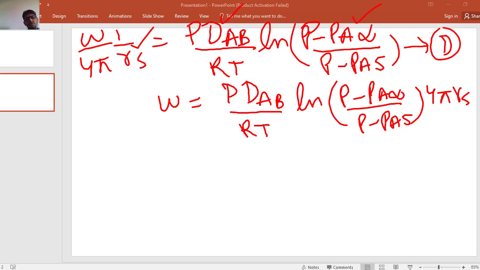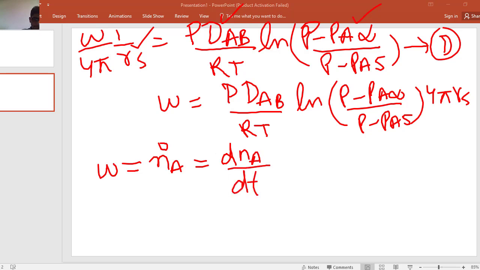Now we know that the molar flow rate of water, W, is constant, and it is denoted by d by dt of the moles, and mole is nothing but mass divided by molar mass, and mass is nothing but density into volume of the sphere.